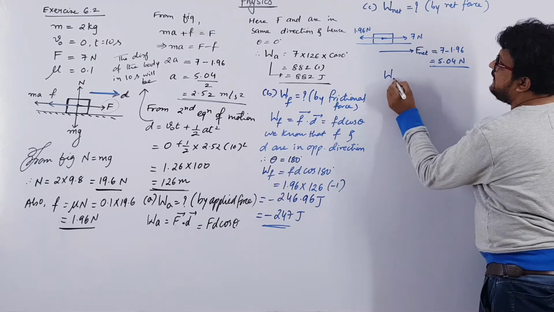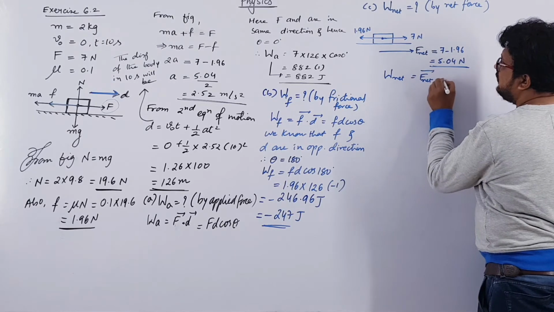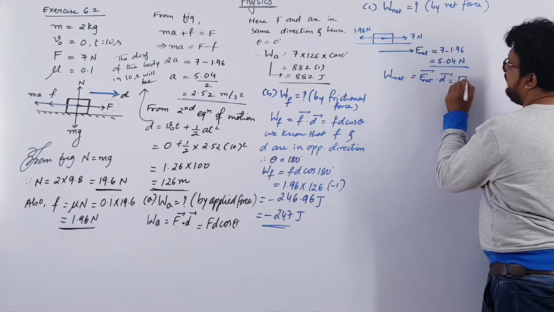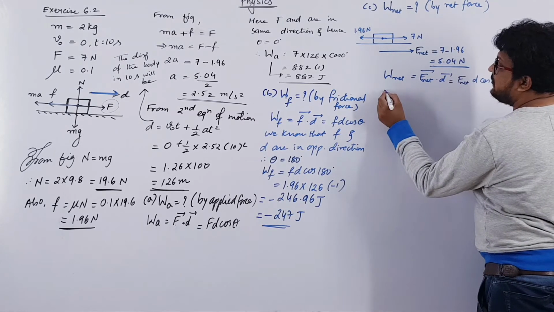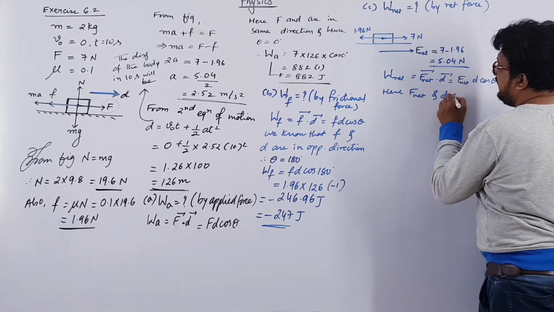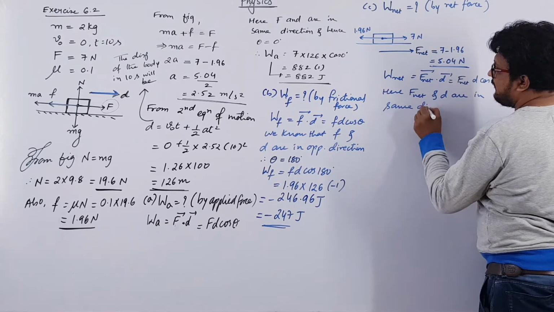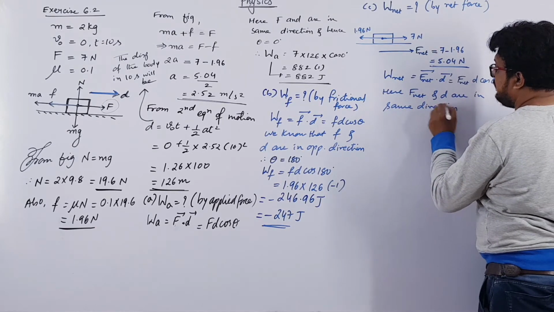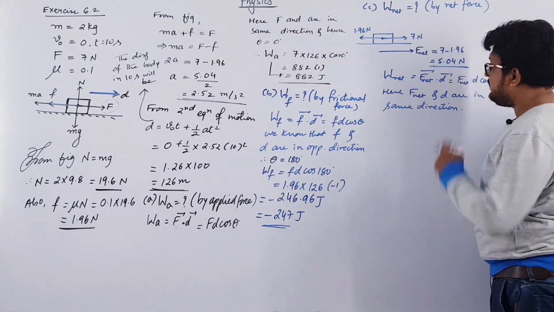So work done by the net force will be equal to F_net dot D, or you can write F_net D cos theta. Clearly you can see that the net force and the displacement of the body are in the same direction.